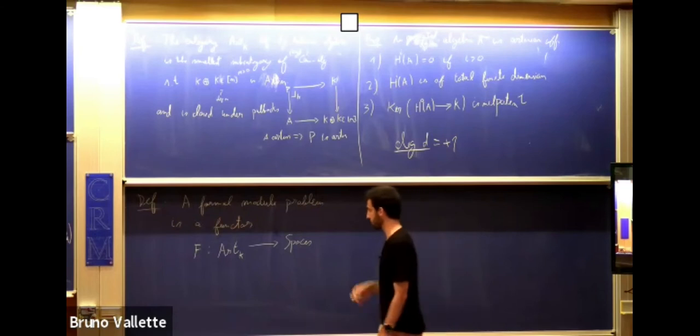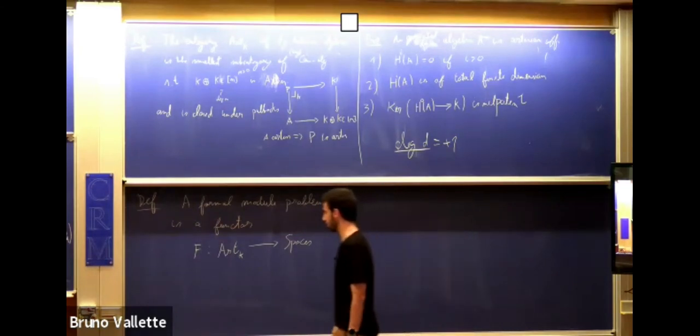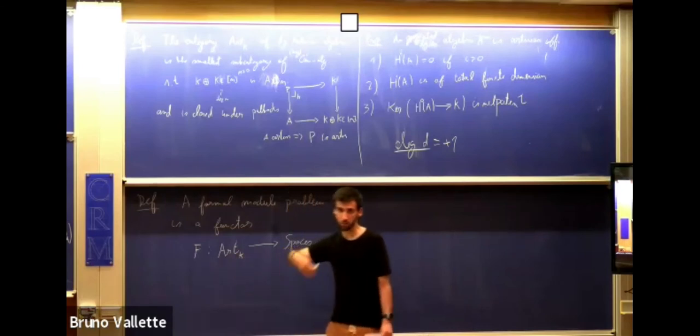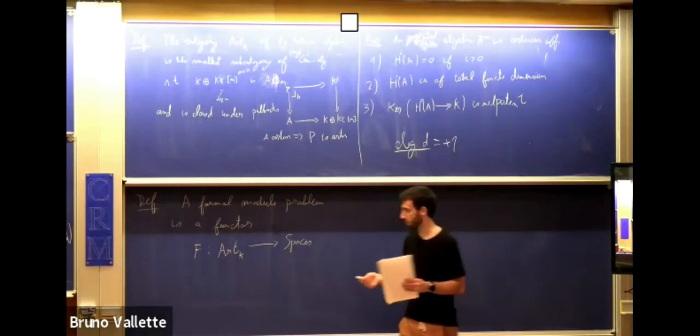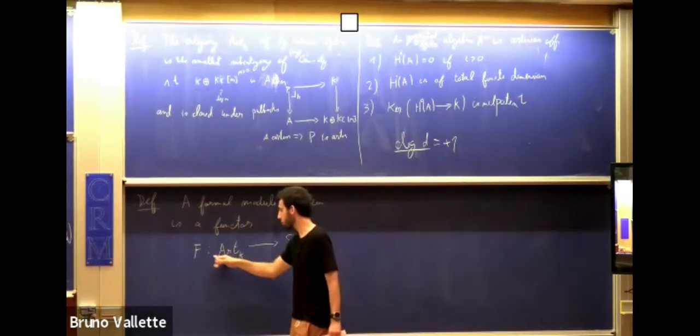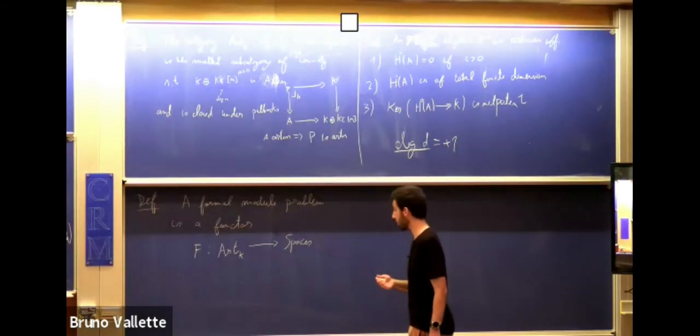But before even stating the properties, I think some remarks are in order. So the idea is that it's the sort of Grothendieck functor of points perspective on things. So to an algebra, you associate the space of deformations.